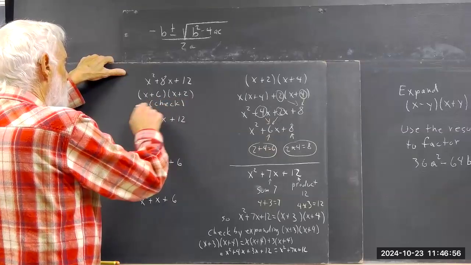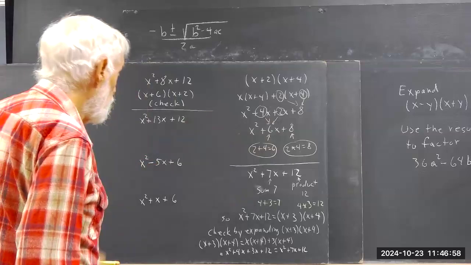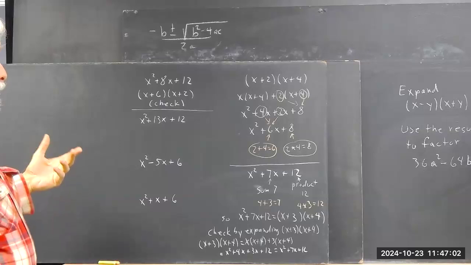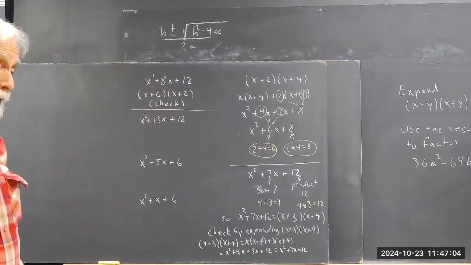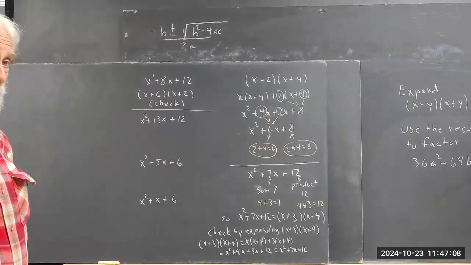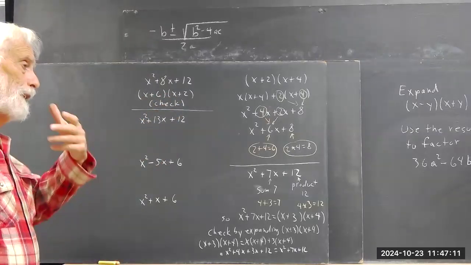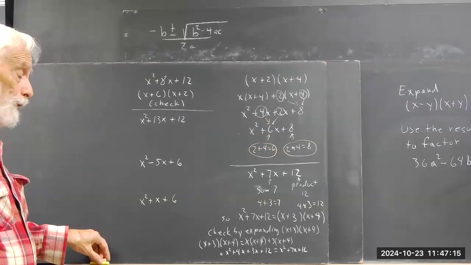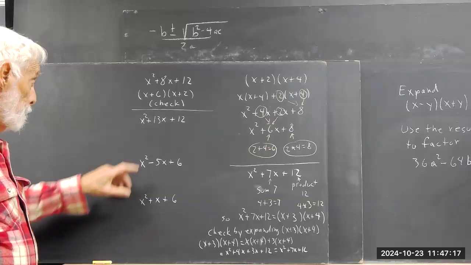Everybody appears to be doing fine with the distributive law. Expand these. And there are shortcuts to the distributive law when you expand these. But I like to see the distributive law used because it apparently needs a lot of reinforcement. Okay.